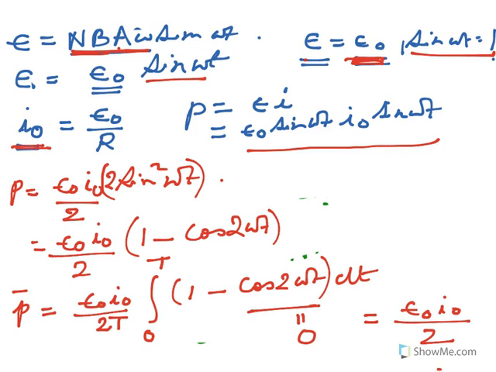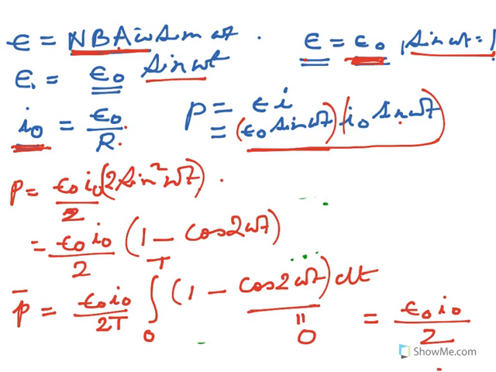Hence, the maximum current can be written as E0 by R if R is the resistance of the circuit. Power is given by E into I, which is nothing but E0 sin omega t and I0 sin omega t. So power can also be written as E0 I0 sin square omega t.